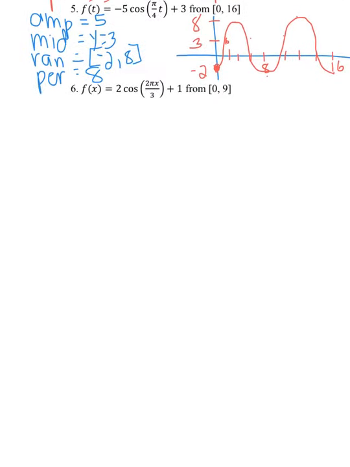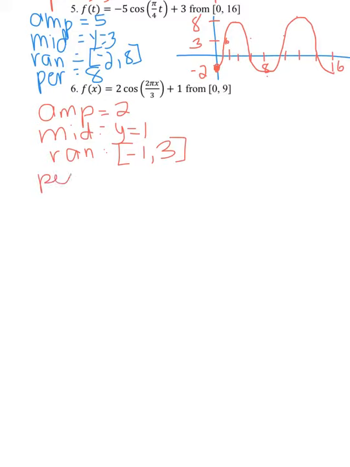And for number 6, last graphing one, the amplitude is 2. The midline is y equals 1. The range, then I'm going from -1 until 3. And then the period. The period is 2 pi divided by 2 pi over 3.